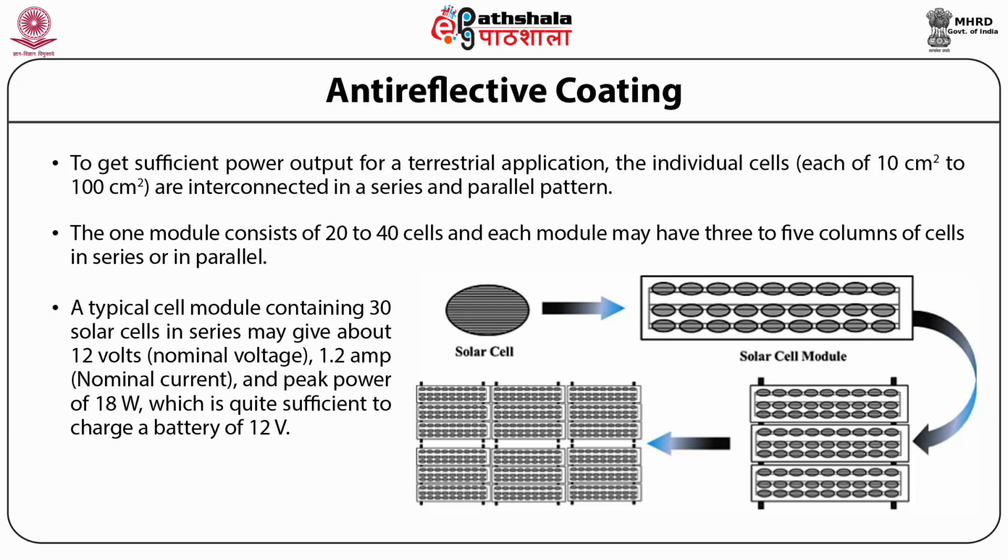Since the fabricated cells are thin and brittle, they need to be protected from weather, and the connections are light and soft. Hence, these cells are encapsulated with a transparent cover at the top.